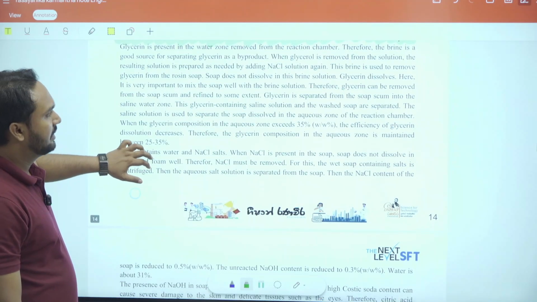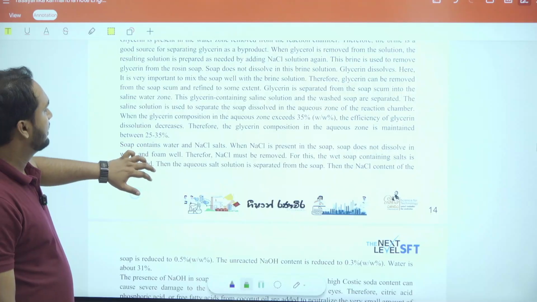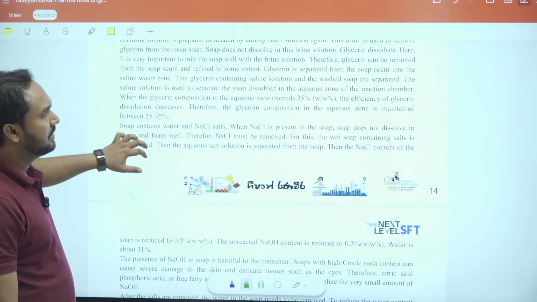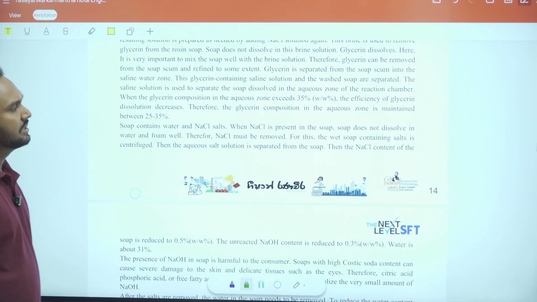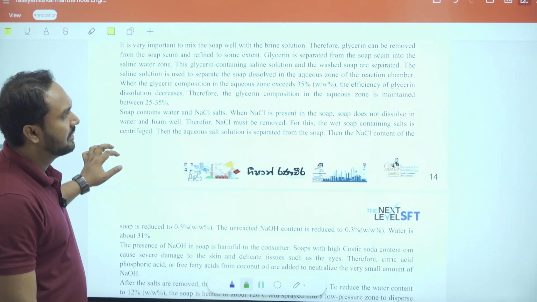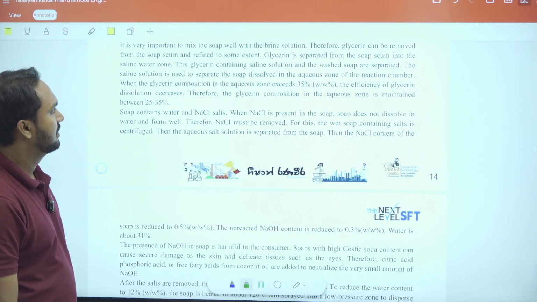This glycerin-containing saline solution and the washed soap are separated. The saline solution is used to separate the soap dissolved in the aqueous zone of the reaction chamber. When the glycerin composition in the aqueous zone exceeds 35% weight by weight, the efficiency of the glycerin dissolution decreases.